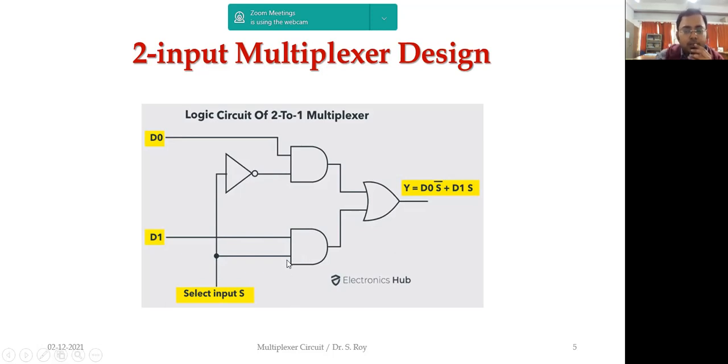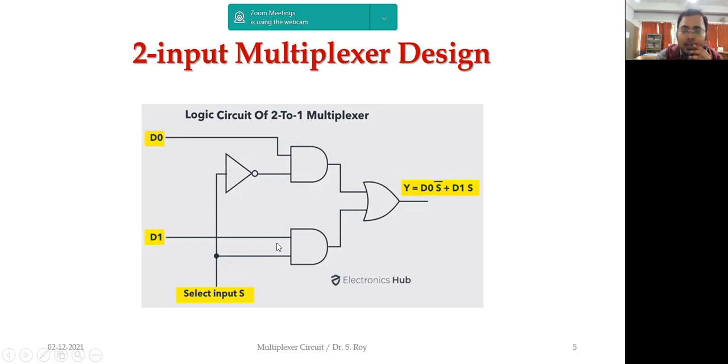We know from the truth table of the AND gate that whenever we forcefully make one input equal to 1, the AND gate output will follow the second input. So once I forcefully make the first AND gate input equal to 1, whatever the D0 content is, it will be given by this. And here, whenever we forcefully make this input equal to 0, whatever the D1 content is, the output of this AND gate is completely 0.